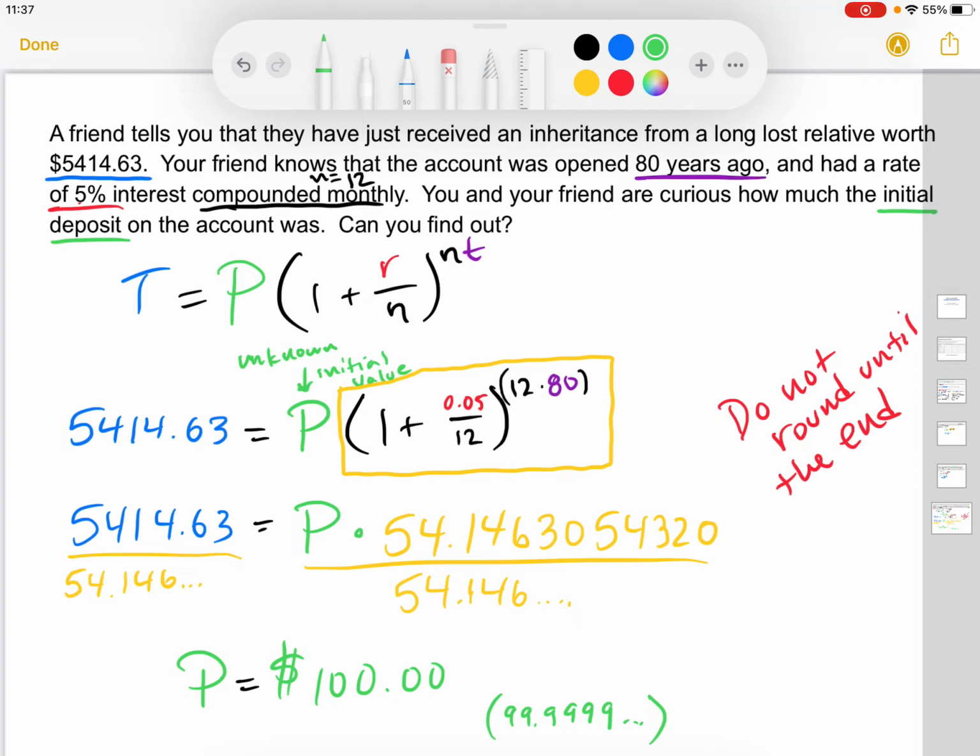All right, so those are one specific application of compounding interest. A lot of times in the real world, compound interest comes up in the context of money being held for a loan or being invested.